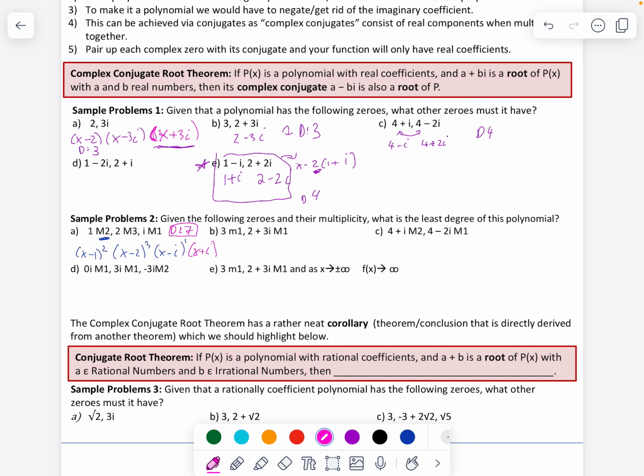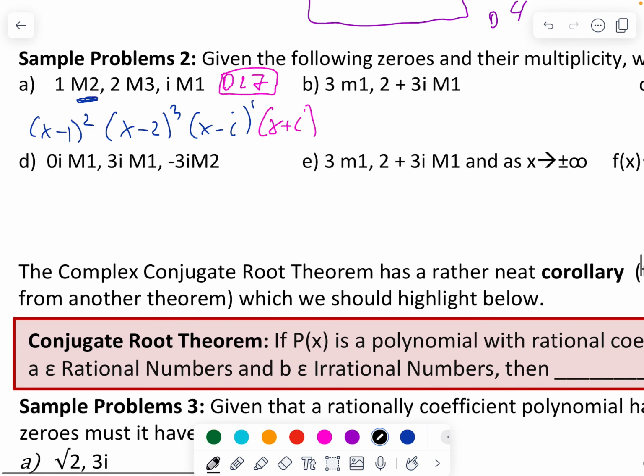And looking at one of these other ones right here, maybe a little bit below, if you have 0i, well, that would be like x minus 0i, but that's the same thing as x. So that doesn't have to have a conjugate, because 0i is not an imaginary number, really. It's still on the real axis.